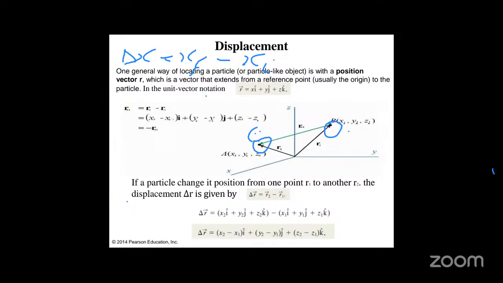So to consider the three components together, which correctly define the position of an object in space, we are going to use R. So change in R is equal to R2 minus R1, or we can say R final minus R initial.